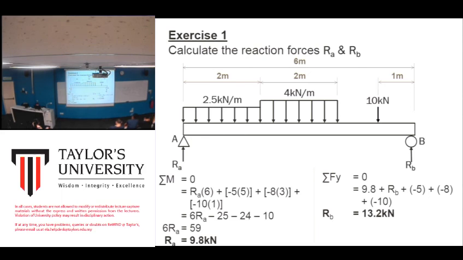We take RB as the reference point. When we convert the UDL, we put the point load in the middle of this UDL, the distance of the UDL.